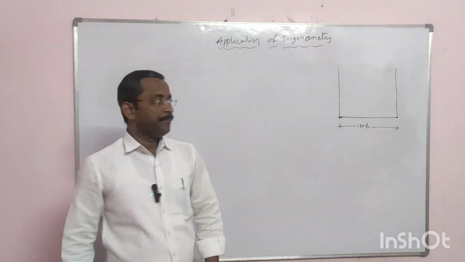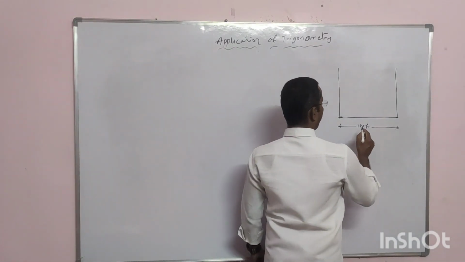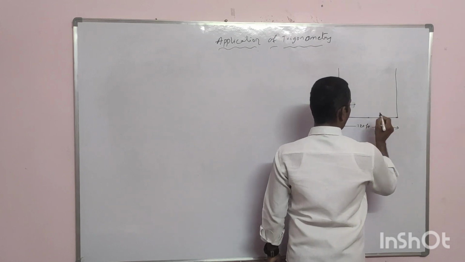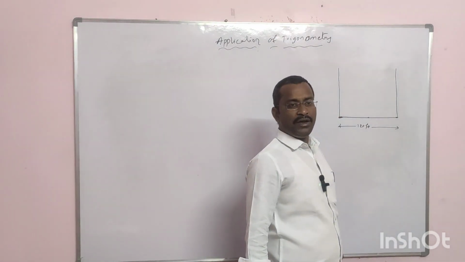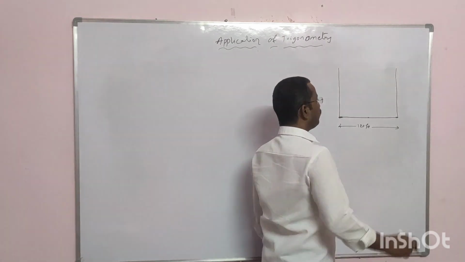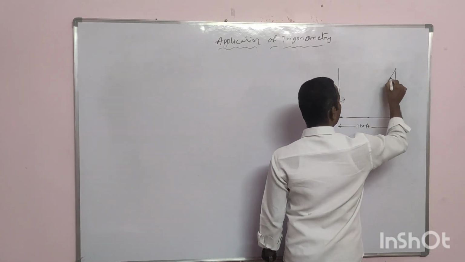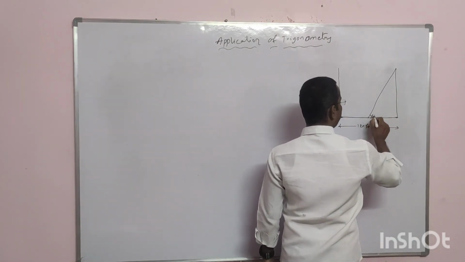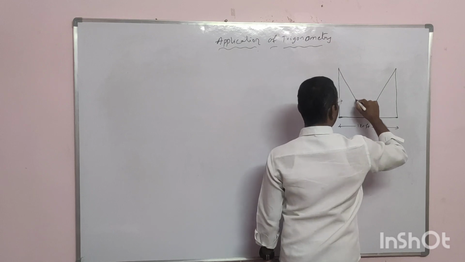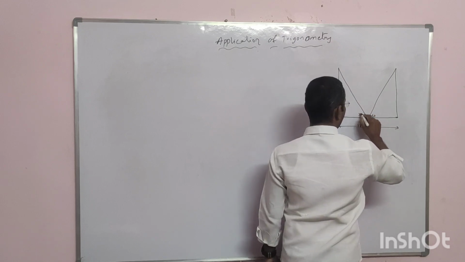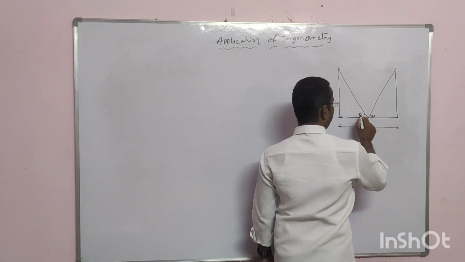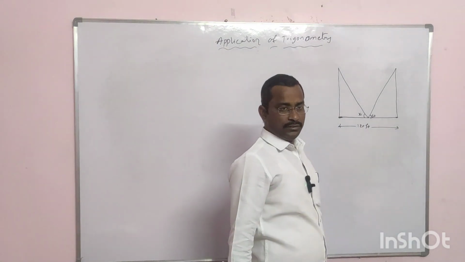ఇక్కడ from a point, ఇక్కడ ఎక్కడో ఉంది ఒక పాయింట్. Elevation of top of the tower, one is 30 degrees, one is 60 degrees. ఏ తీసుకున్నా పర్వాలేదు, but he is not mentioned anything. So I have taken one is 30 degrees, one is 60 degrees.